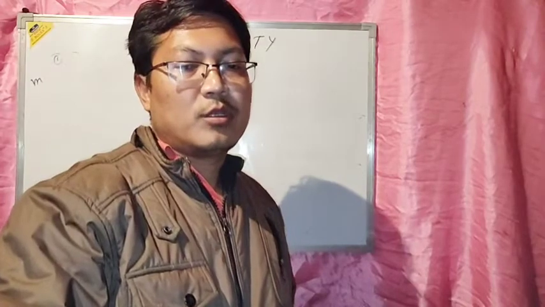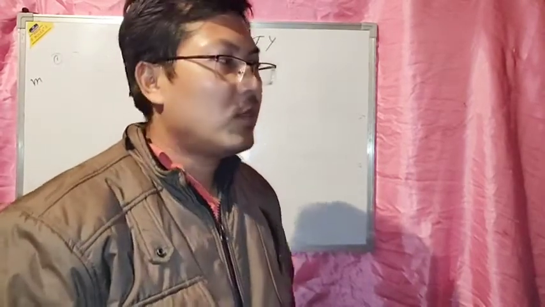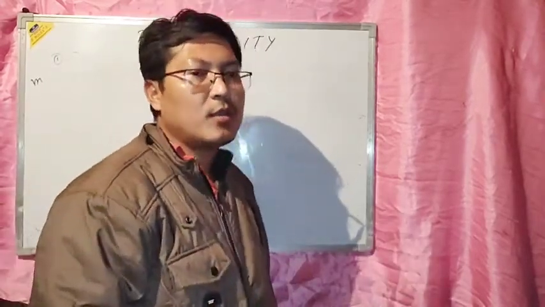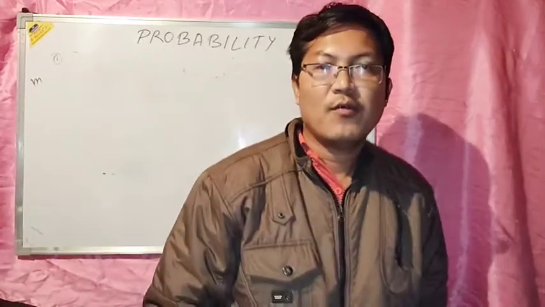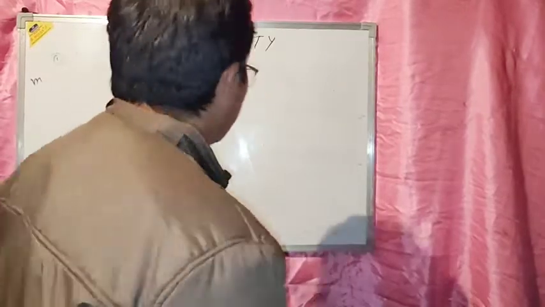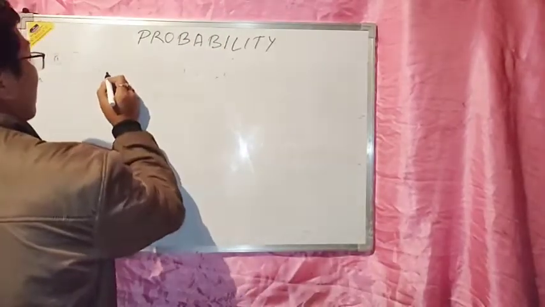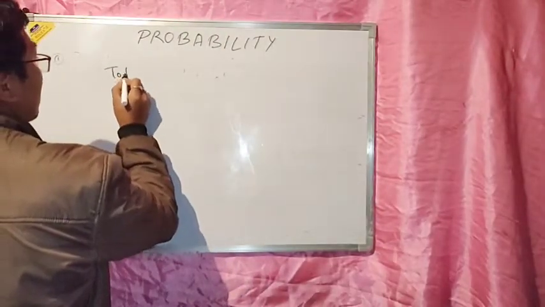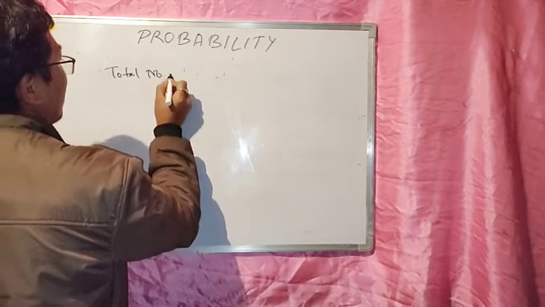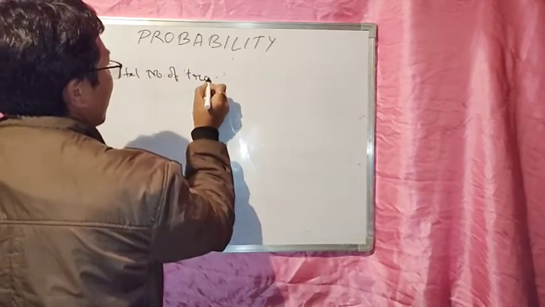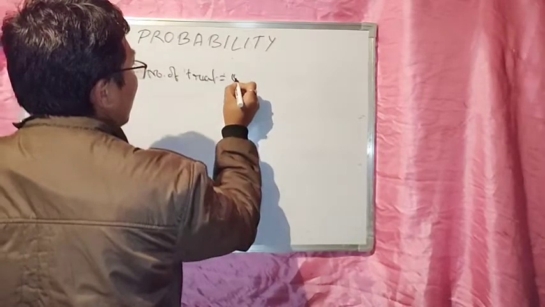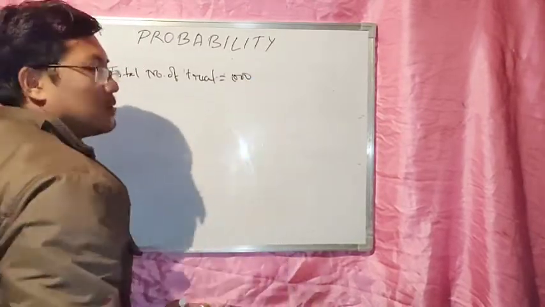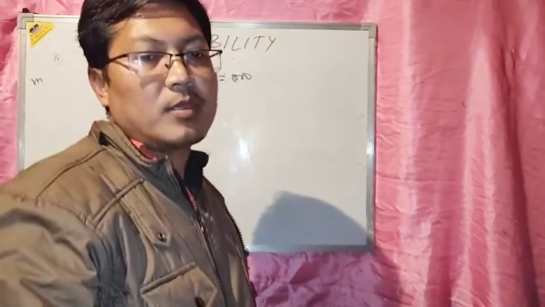In the die, what are the numbers? 1, 2, 3, 4, 5, 6. Total number of trials is given: 1000.